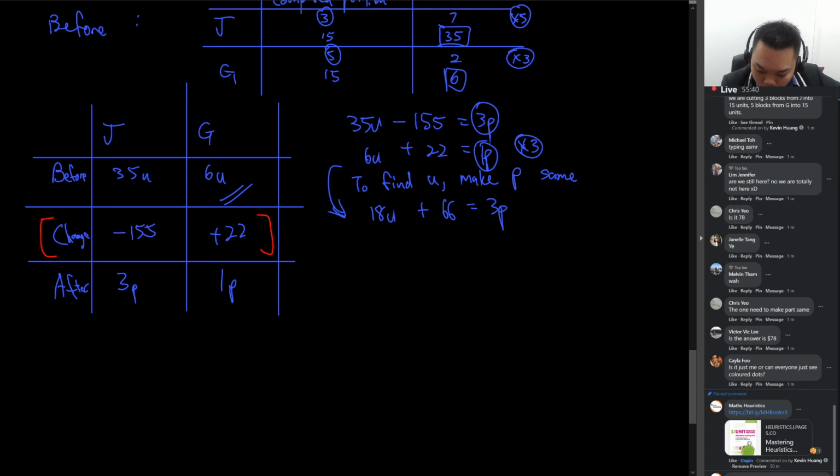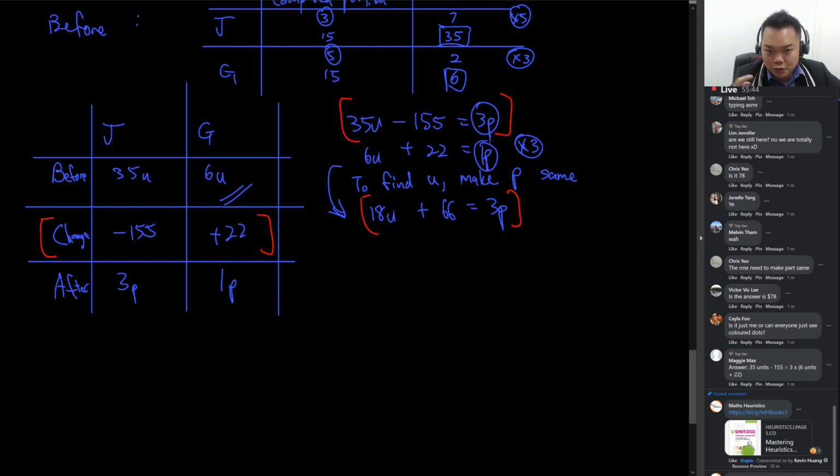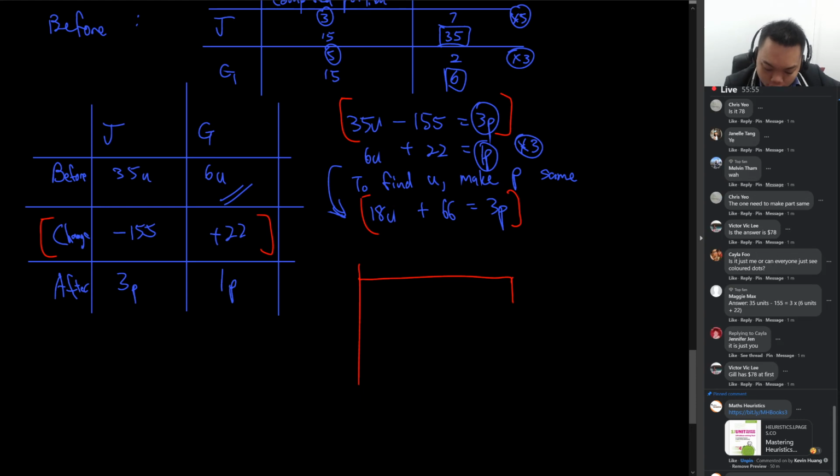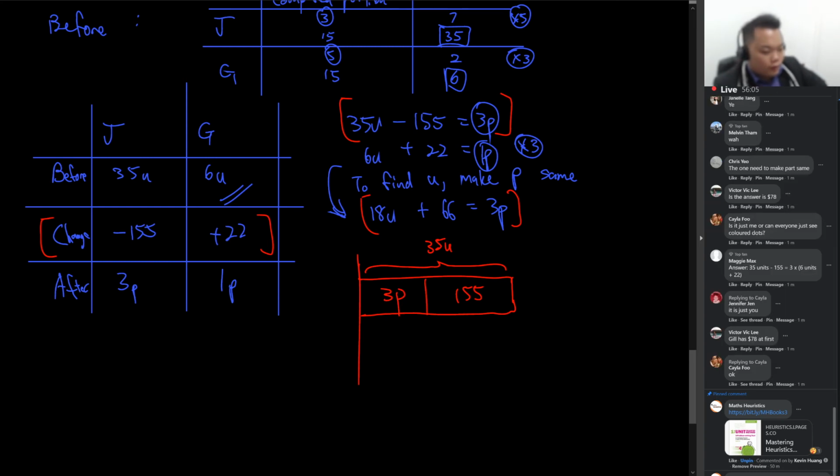And once we got this, we can now focus on drawing out these two models to represent that. We would have 35 units minus 155 giving us 3 parts. So remember how to draw out the model. You draw out 35 units first, you take away 155, and now you're left with 3 parts.